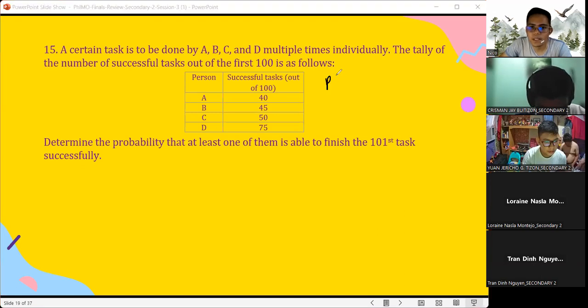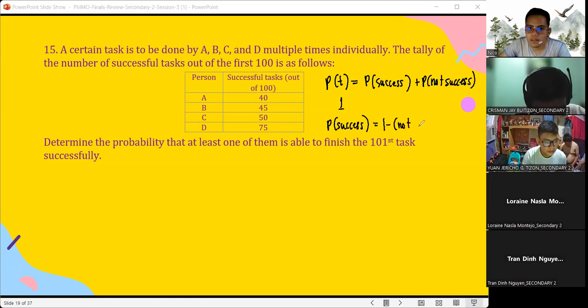So the total probability is the probability of success and not success, right? That's equal to 1. So you're going to solve for the successful part. So the P of success is equal to 1 minus not success, right?